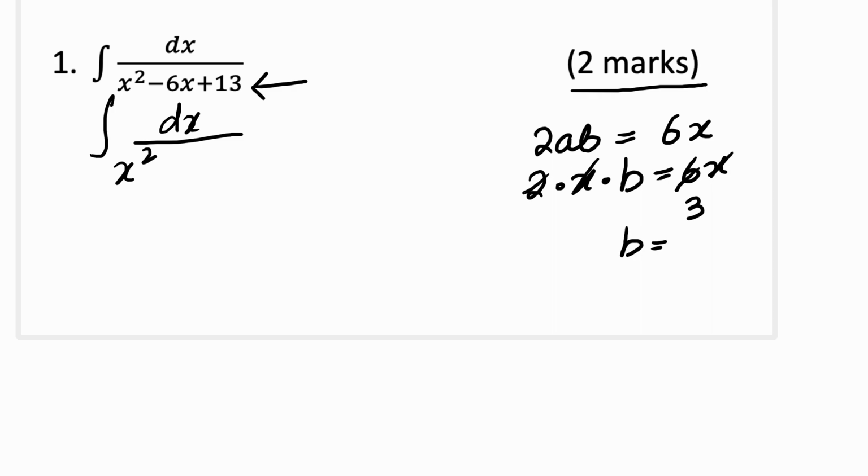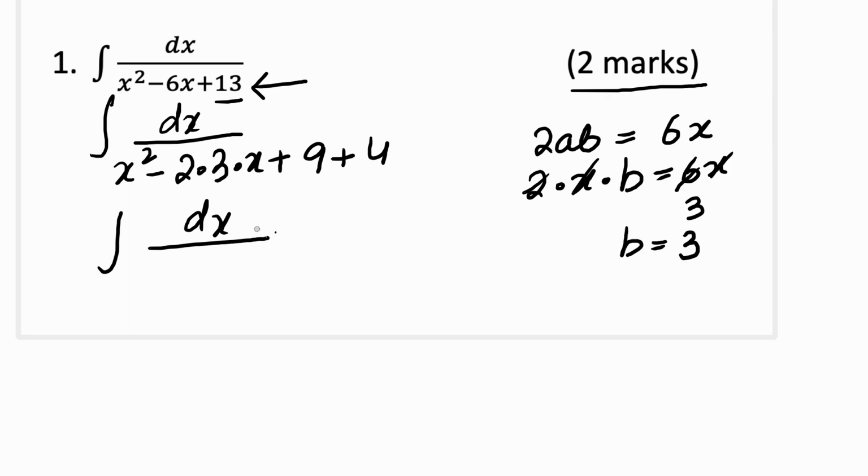So b is equal to 3. We can write x square minus 2 into 3 into x plus 3 square, which is 9. Out of this 13 we have taken out 9, so we are left with 4. So this becomes dx upon x minus 3 whole square, that is a square minus 2ab plus b square, plus 2 whole square, which is 4.